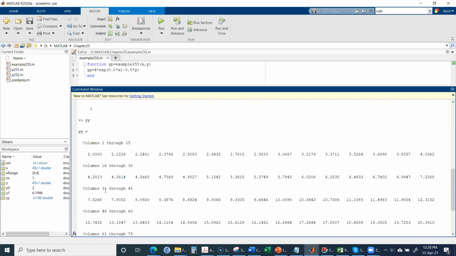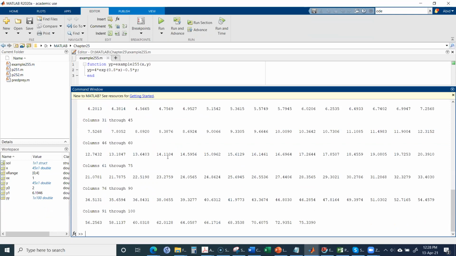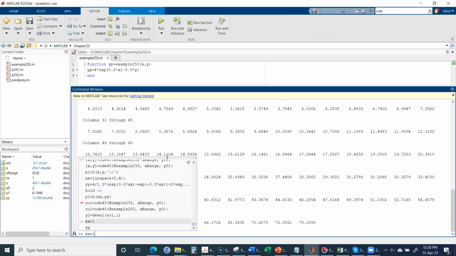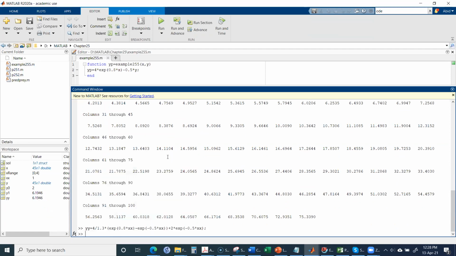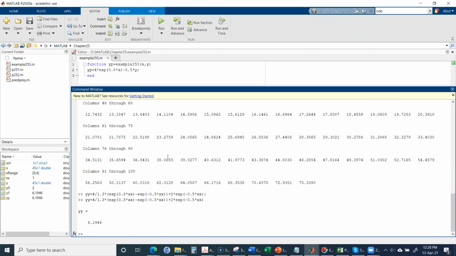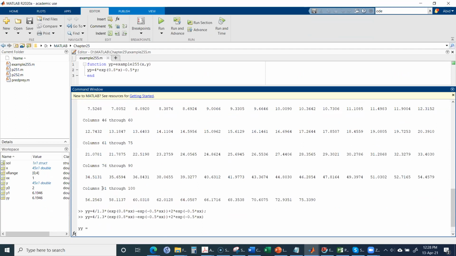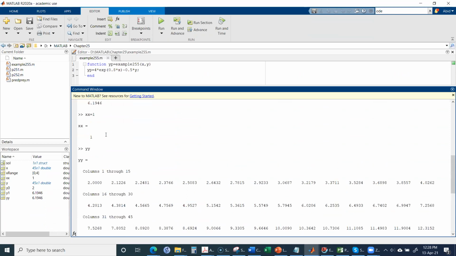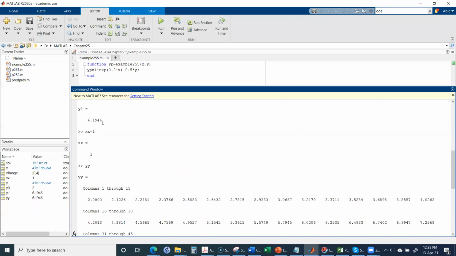These are the previous values of yy. So I should apply this yy again without the semicolon, and now I get this value of y, 6.1946, which is the same as before.